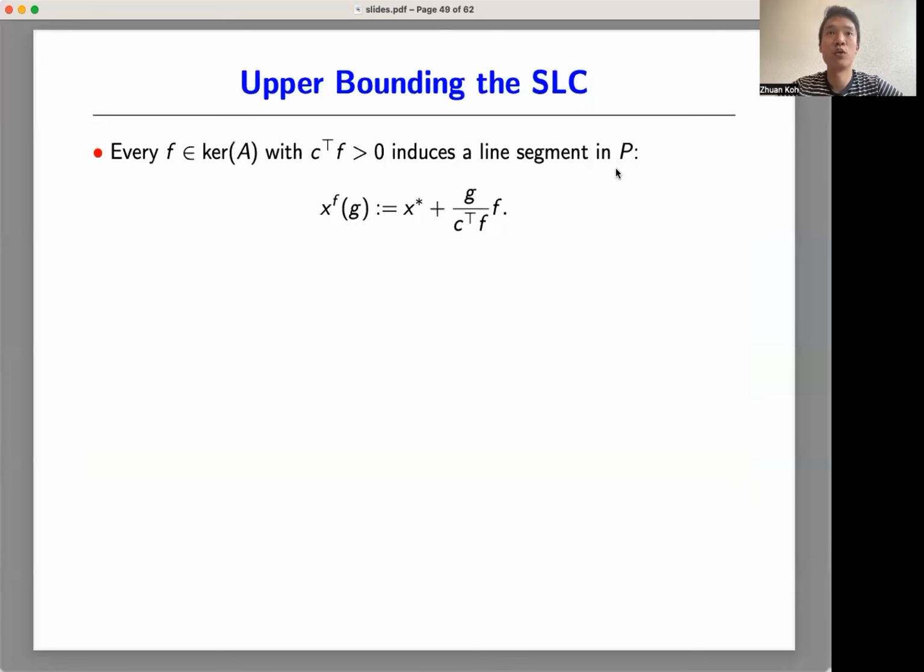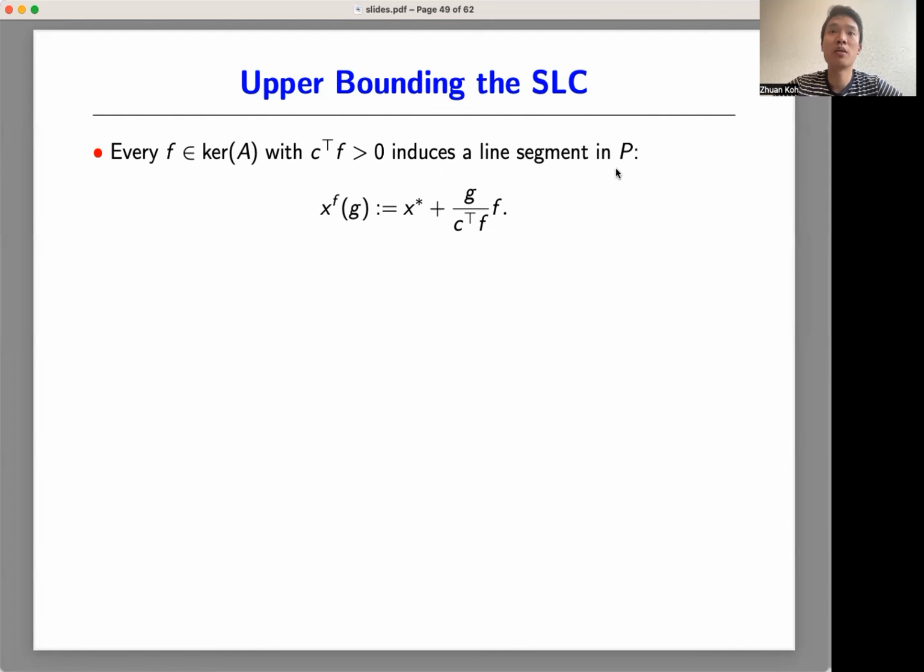I will now give an overview of our strategy on upper bounding the straight line complexity. For every vector f in the kernel of A with positive costs, there is a natural line segment that can be associated to it in the polyhedron. If we start from an optimal solution x star and travel along the kernel vector f, then we move in the polyhedron until we hit the boundary of the polyhedron.